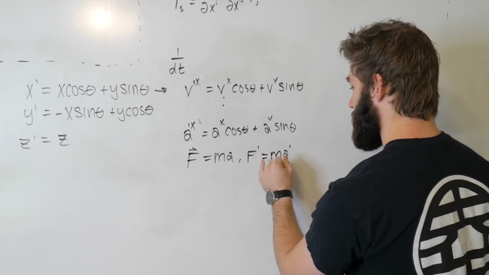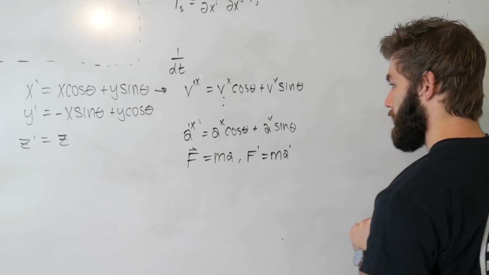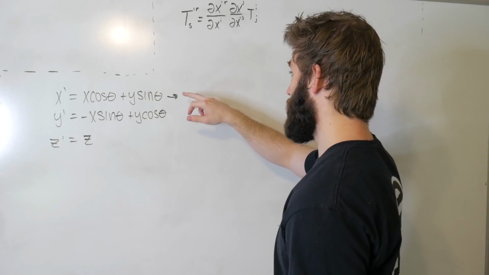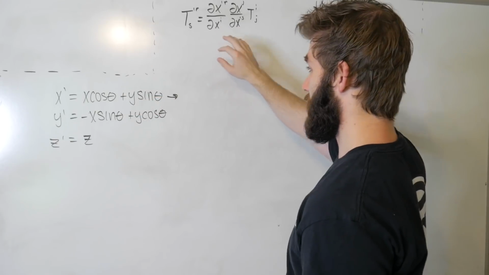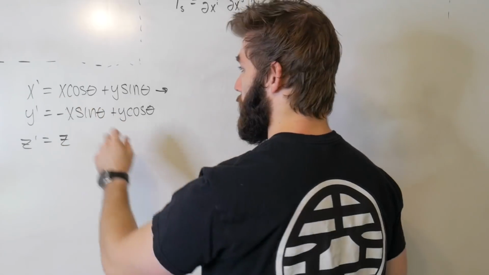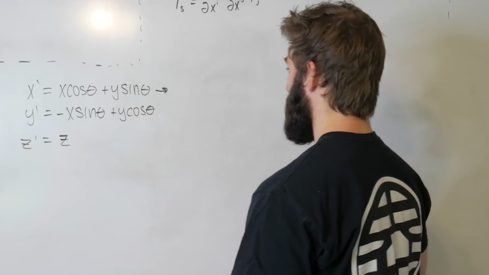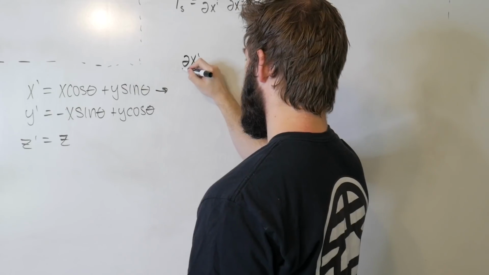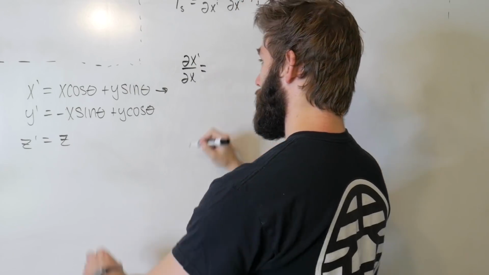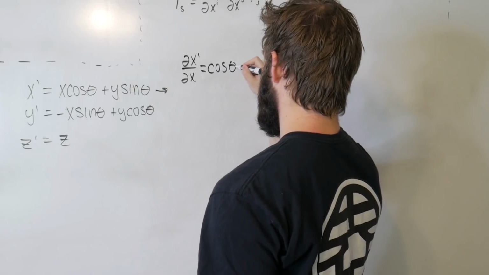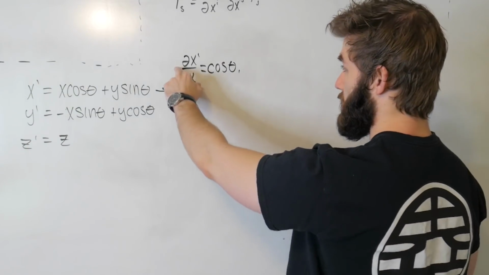The physics is still the same in two different frames of reference. And I think now we're ready to start connecting the dots between things like this and things like this. So what I'm going to do is take the derivative of x prime with respect to x. So let's say dx prime dx, that's just going to be cosine theta. And then I can say, what's dx prime dy?